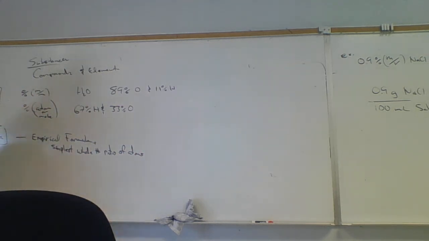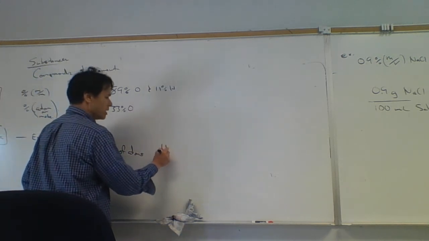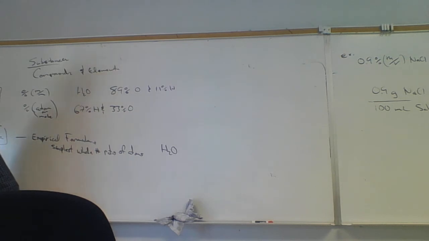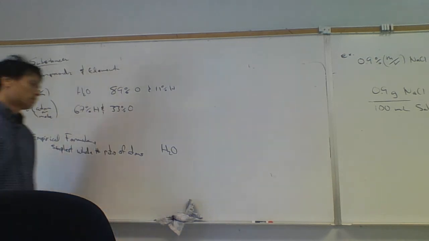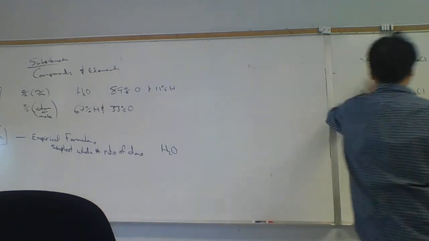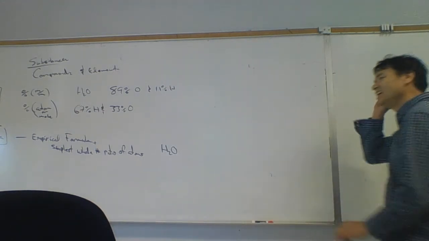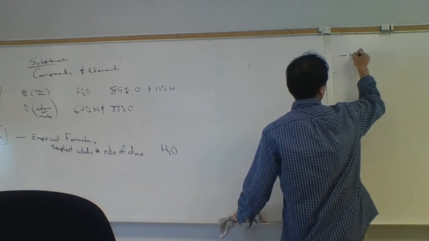The simplest whole number ratio of atoms for water is H2O. It's a 2-to-1 ratio: two hydrogens for every oxygen. And then we have another formula called the molecular formula.